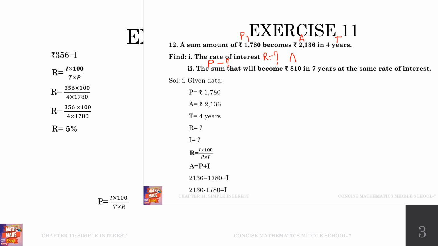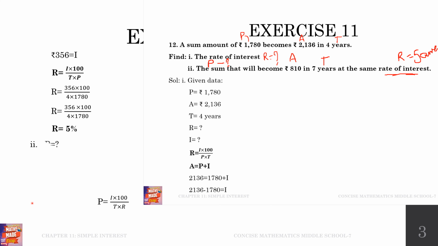That is, amount is 810 and time period is 7 years, and the rate of interest is the same. Note this point, children. That means R is the same as the first one. In the first one we got 5, right? So even here it is 5. Rate of interest is same.